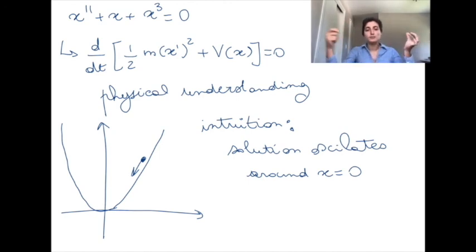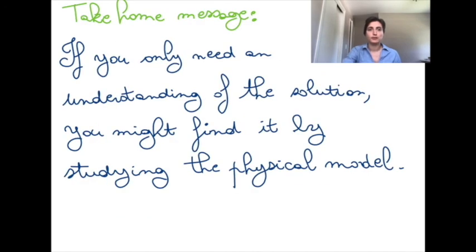That means it comes back to exactly the same situation it started with. This we can say without ever solving the full problem. The take-home message is that if you need an understanding of the solution, you might find it by studying the physical model that is behind the ODE, or a physical understanding of the ODE that you're studying.